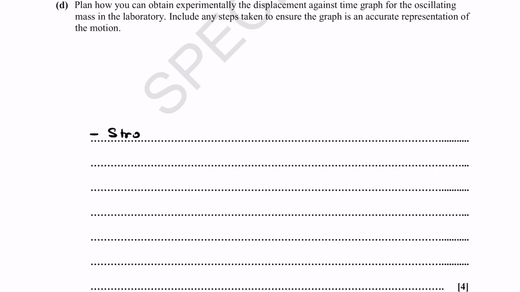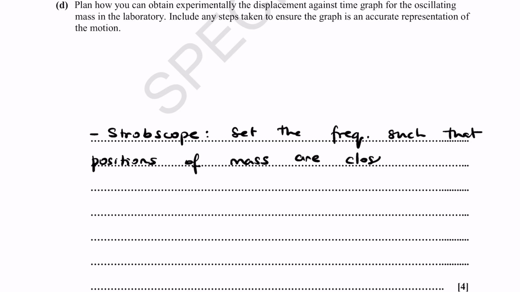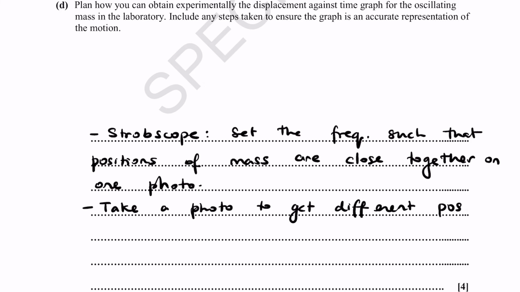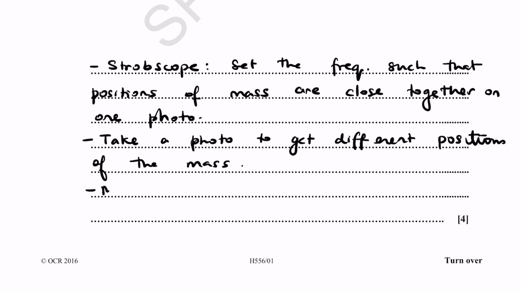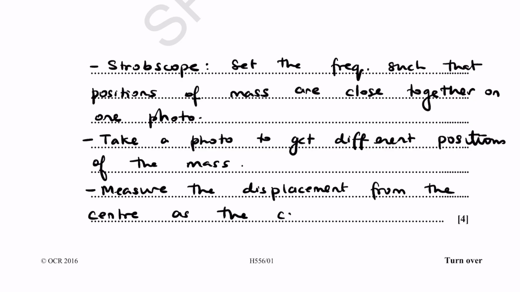You can set the frequency such that the positions of the mass are close together on one photo for accuracy. Then you take a photo to get different positions of the mass, and then you measure the displacement from the center, making sure that the camera is pointing at the equilibrium position. Those are some of the points to mention here.